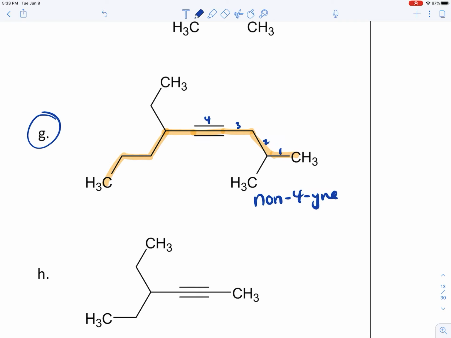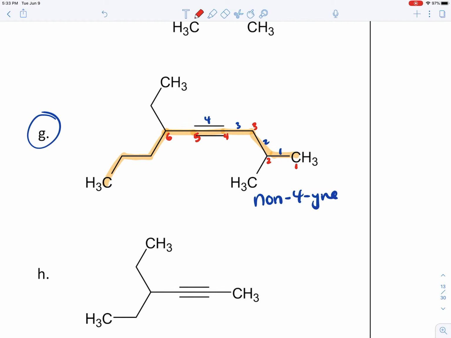But we have these branches. The branches, we look at the carbon atoms and we number from the same end. So from the carbon atoms perspective, this is carbon 1, carbon 2, carbon 3, carbon 4, carbon 5, carbon 6. So therefore we can see that carbon 2 has a methyl branch, while carbon 6 has an ethyl branch.